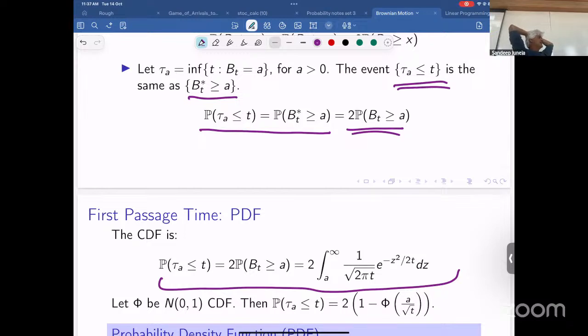What do you think this time is going to be? Brownian motion is there. Say A is 1. How much time will it take to hit level 1? You told us this is infinite.